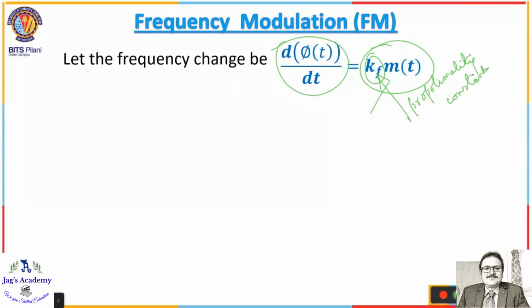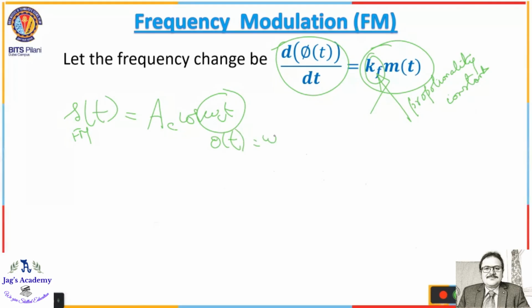Have you understood this? See, now you have the equation, right? From where you started? Now, your equation for frequency modulated wave, you all started from AC cos omega ct, right? And this omega, you write in terms of theta of t.